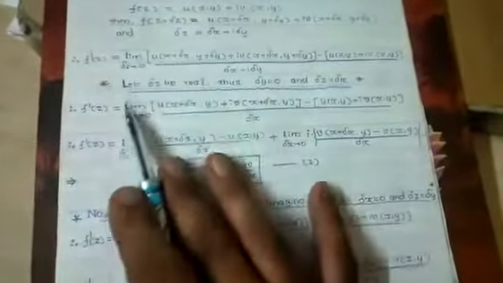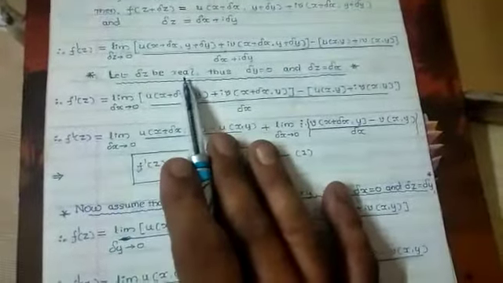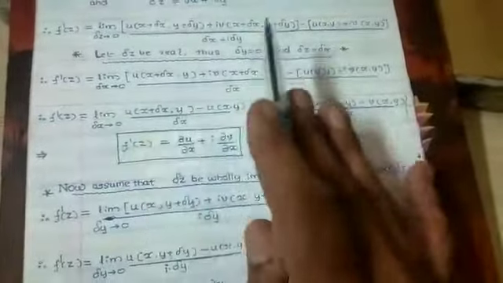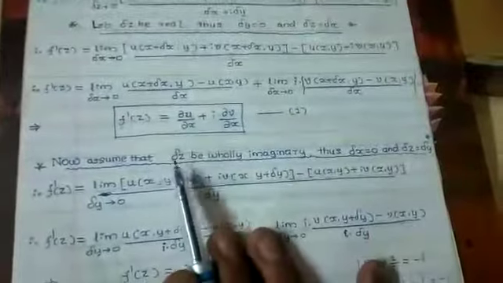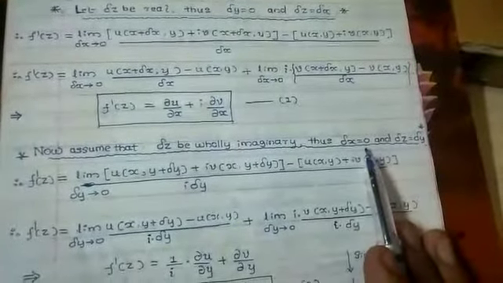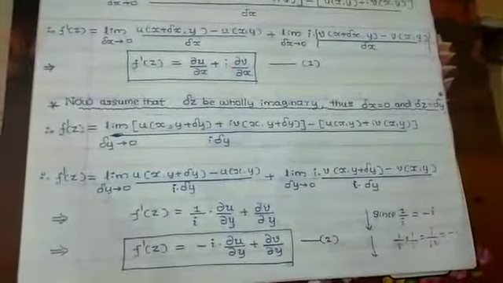By considering delta z to be real, we get equation number 1. Delta z real means the imaginary part is 0, and in case 2, delta z imaginary means the real part should be 0, so we get equation number 2.